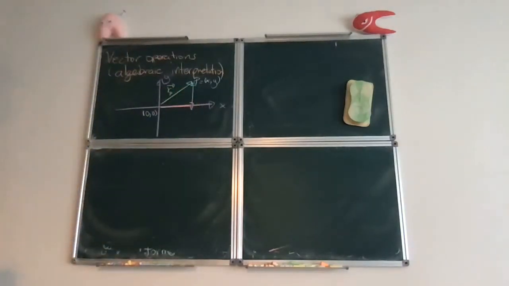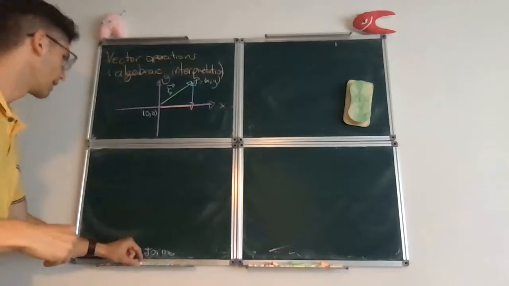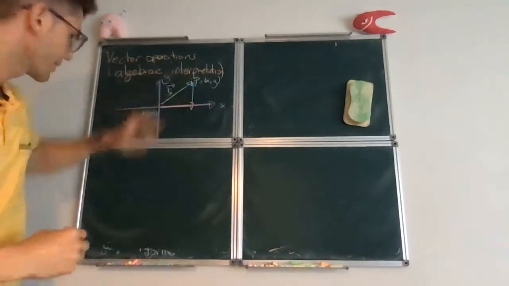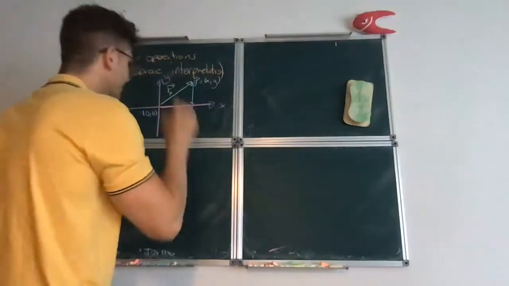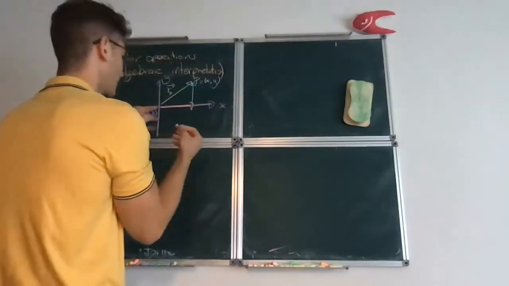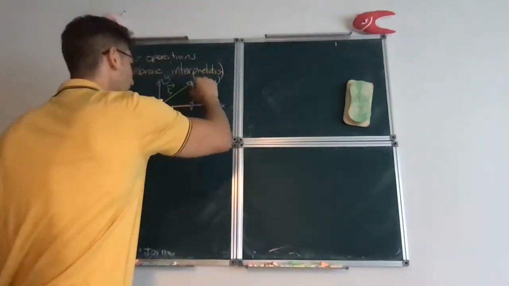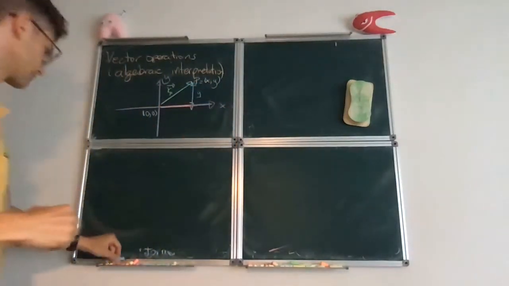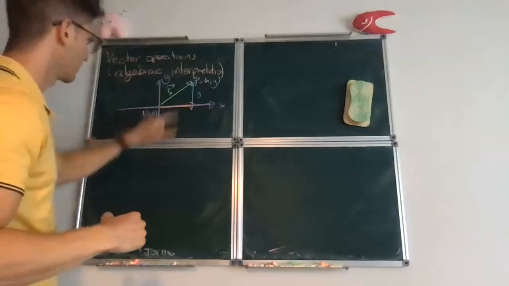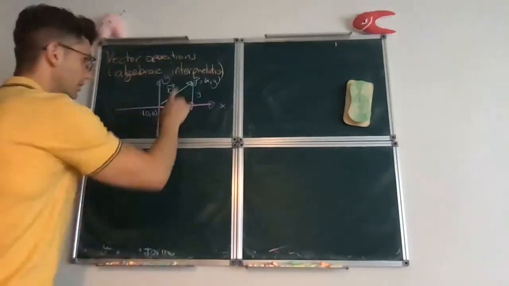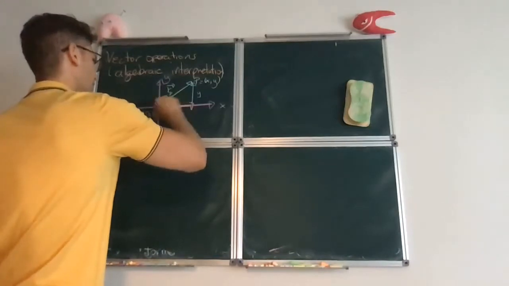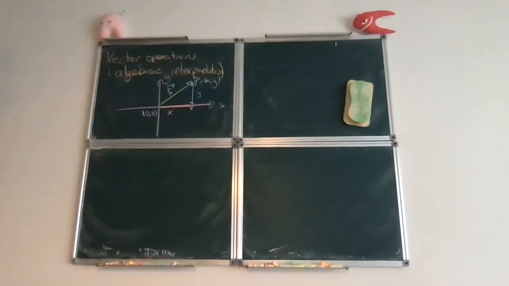Now, what's the size of this segment? If you just care about the segment, not the direction, this has size y. And this other segment, notice that you have here a right triangle, this other segment has size x.